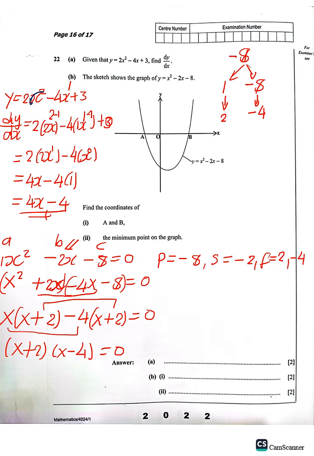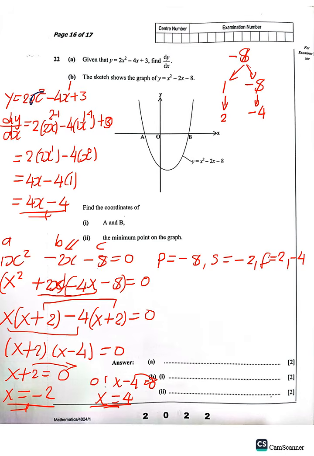Now we are solving. So x plus 2 is equal to 0. So we shift 2 to the other side so that we collect the like terms. So if 2 shifts to the other side, it will become -2. Or x minus 4 is equal to 0. If this shifts to the other side will give us 4. So we have two values of x. One is negative, the other one is positive.